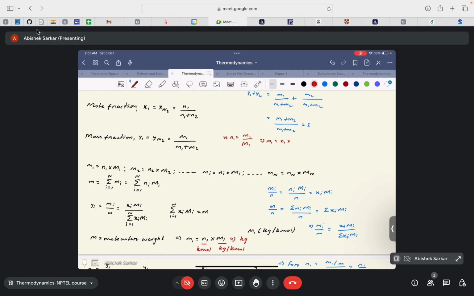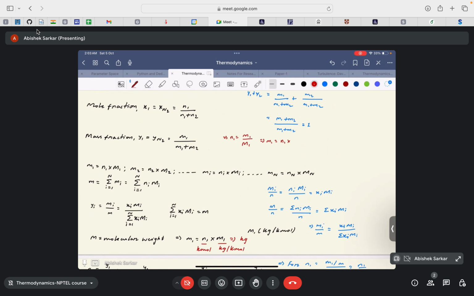Now, if we are considering an n component mixture of gases, then for the first gas, small m1 will be given by n1 into capital M1, where capital M1 is the molecular mass of that particular gas.